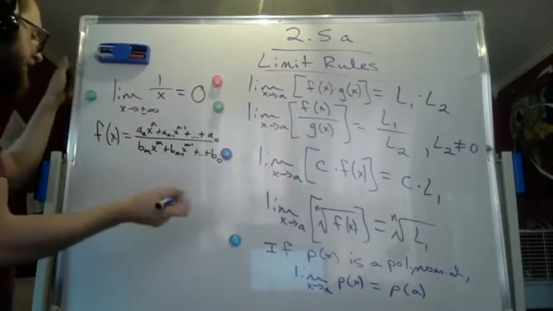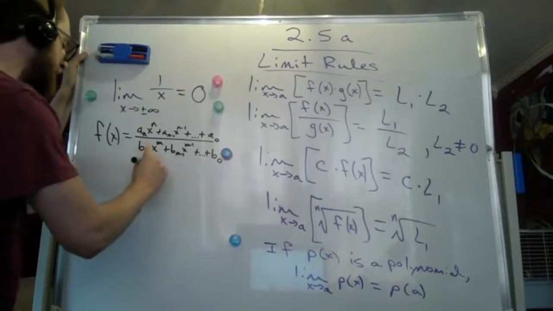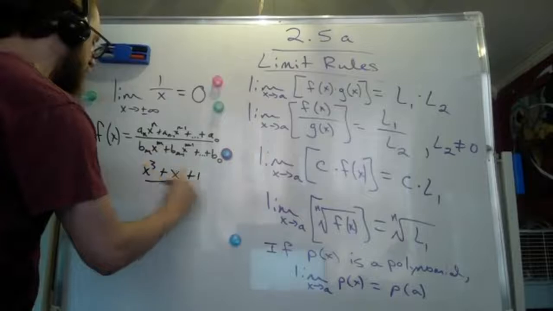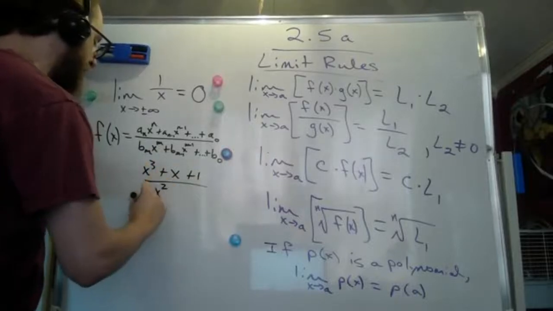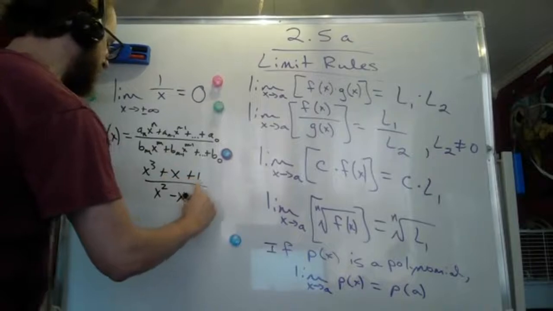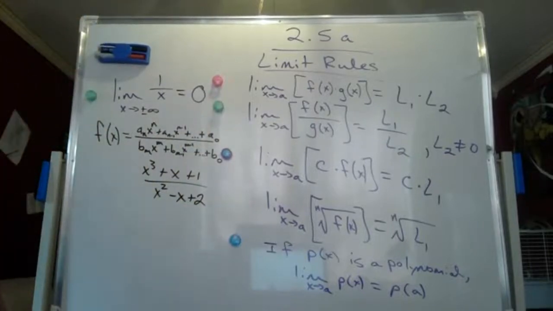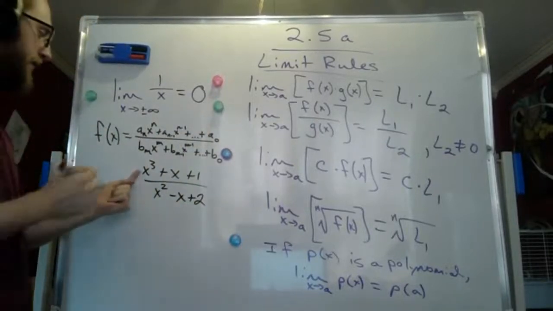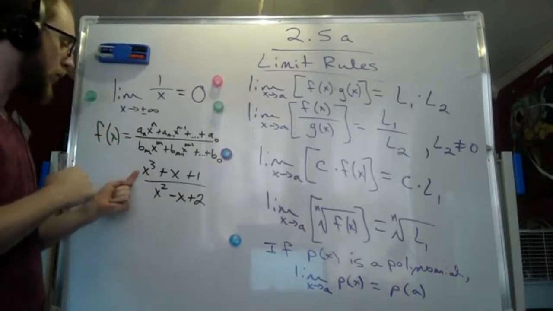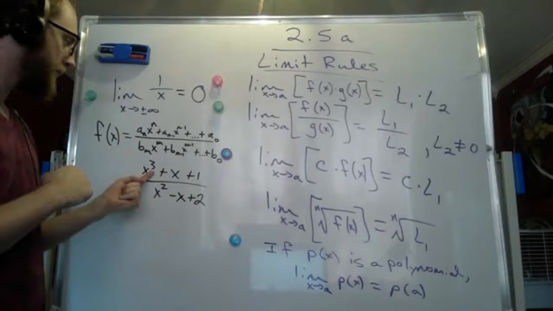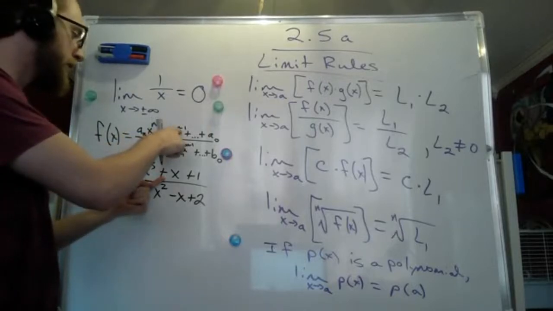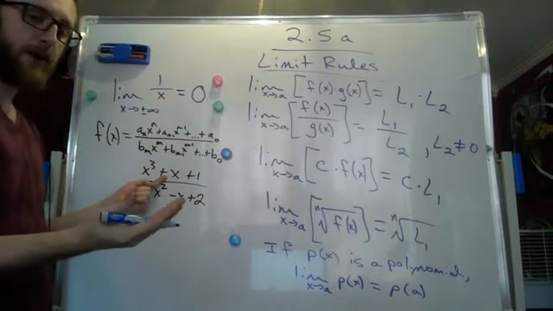So this could be, say, x cubed plus x plus 1 divided by x squared minus x plus 2, something or another. In this case, a sub n is just the first coefficient on your highest power, which is 1, and n is 3. For the middle term where we have n minus 1, that would be x to the second power.